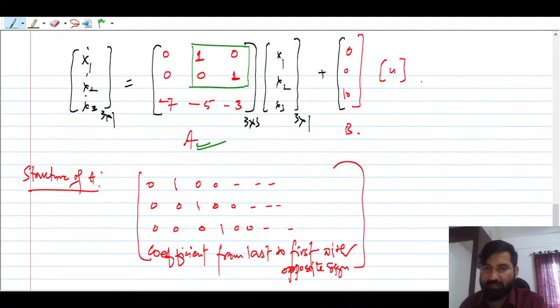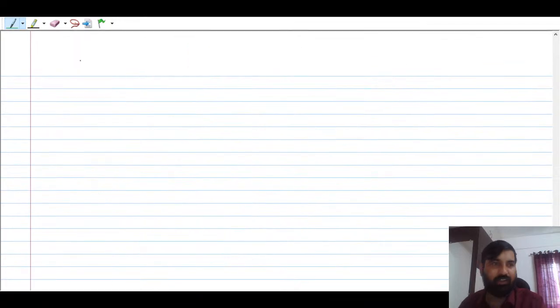Now how to get the C? How to get this C? That is very important. So C can be obtained. C is simple, C is not that tough, right? So you can write C directly as well. So C is going to be 1 0 0, right?